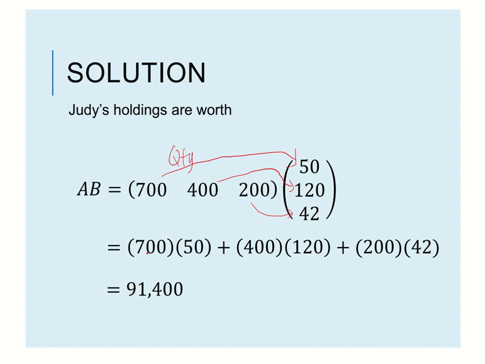So we have 700 units multiply 50 per share, 400 units multiply 120 per share, plus 200 units multiply 42 per share. Sum this up, we get 91,400. So the total value of Judy's holding is 91,400.